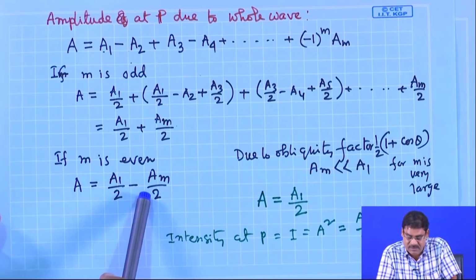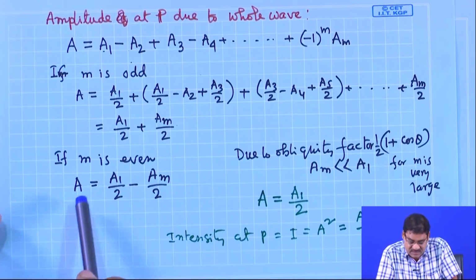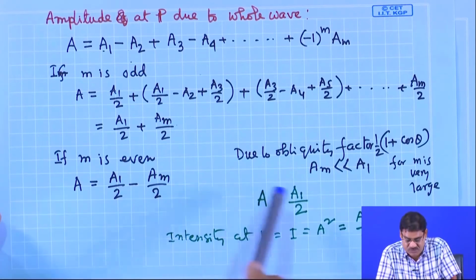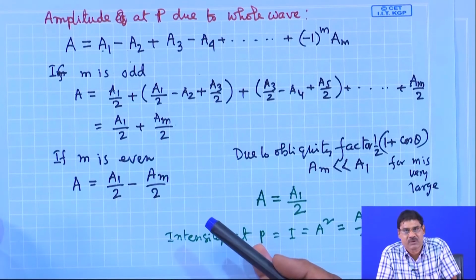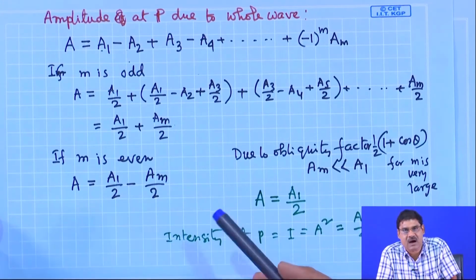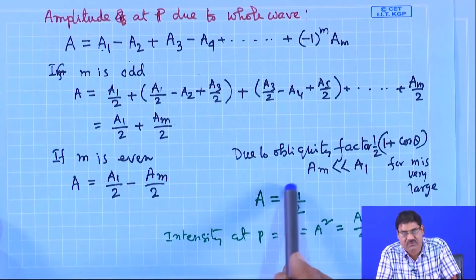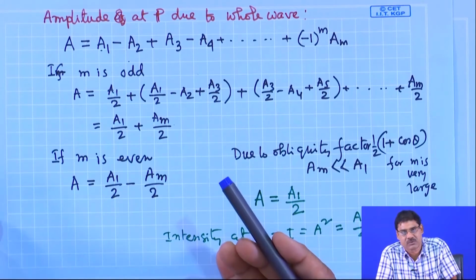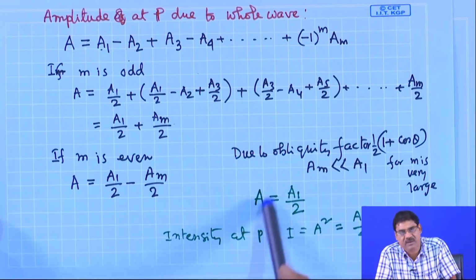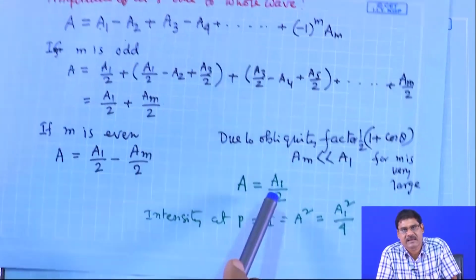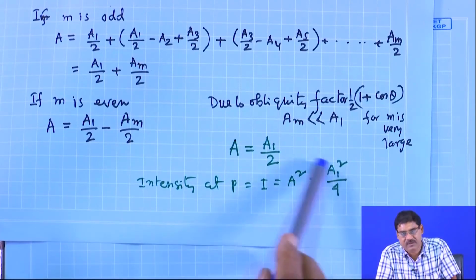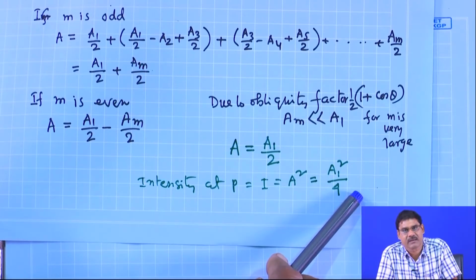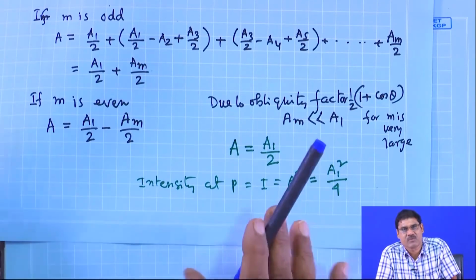So the amplitude due to the whole wave front at P is just half of the amplitude of the first zone, and the corresponding intensity will be just the square of it. Okay. So at P, what will be the intensity?